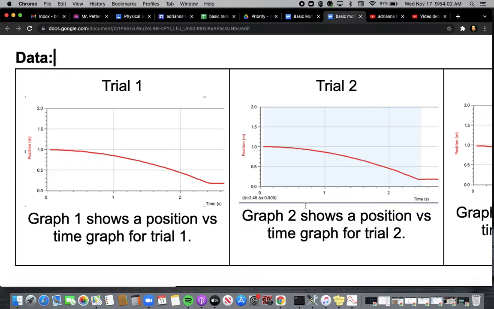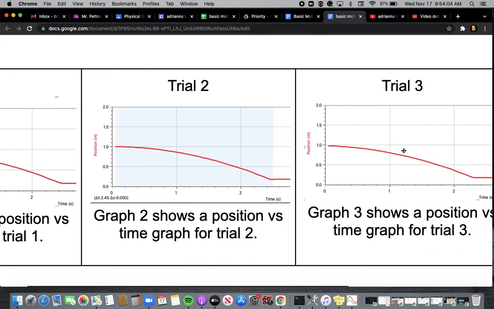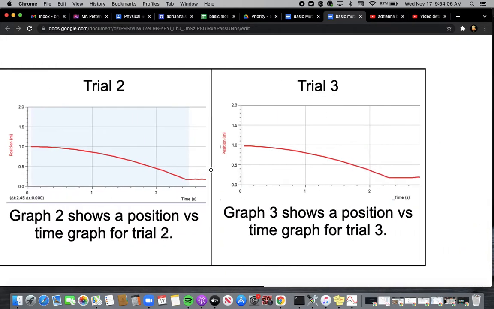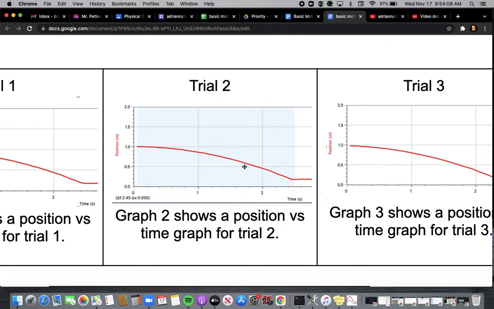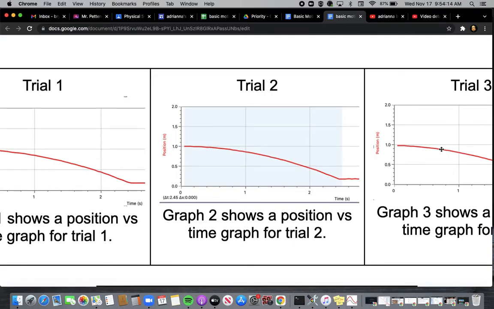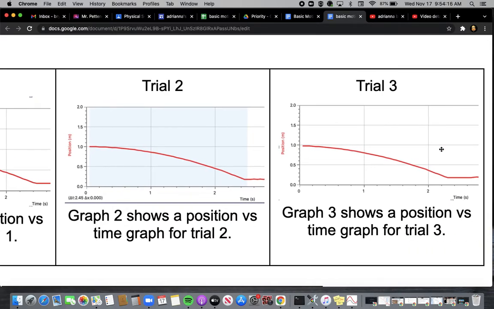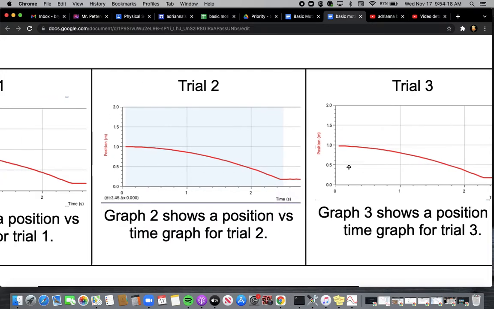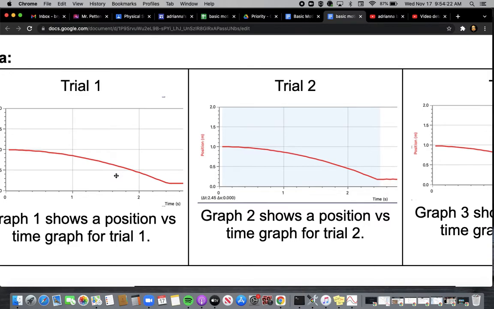This one's the longest one, this one's the second longest, this one's the shortest, I think. I don't know because all I can see is this.